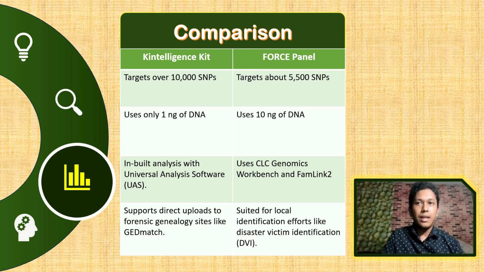While more DNA input is required for the Forseq panel, it offers expanded prediction, including skin tone, and better ancestry resolution. So the Kintelligence also supports inbuilt analysis by using the universal analysis software, which can help it in faster analysis.